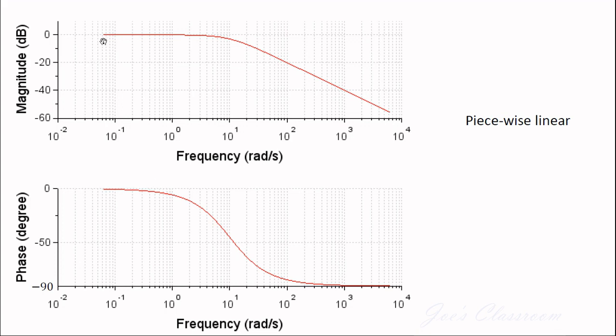Piecewise linear in the sense this is a straight line in this region, and here also this is a straight line. If we look at this phase plot, this is a straight line, again a straight line, and this is a straight line. So he observed these magnitude and phase plots as straight lines. He drew some straight lines, and obviously these straight lines are nothing but the asymptotes of these curves.